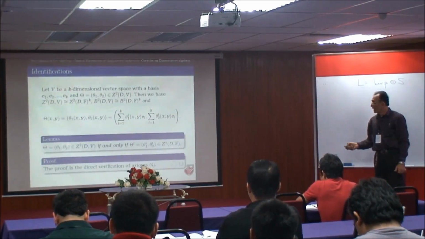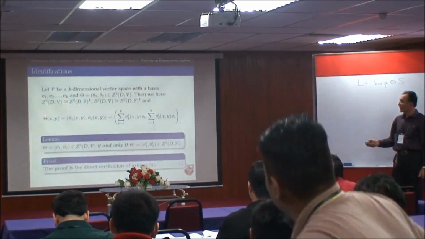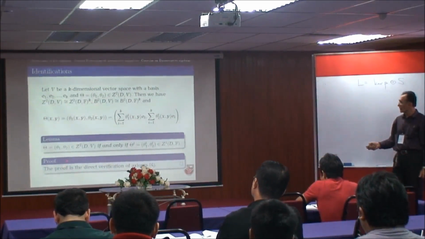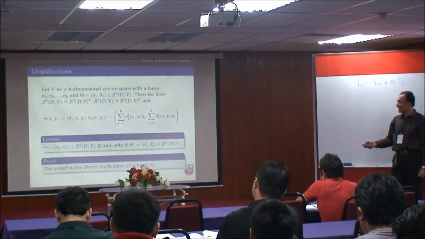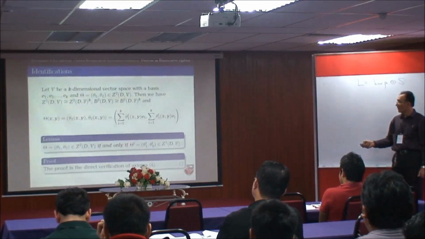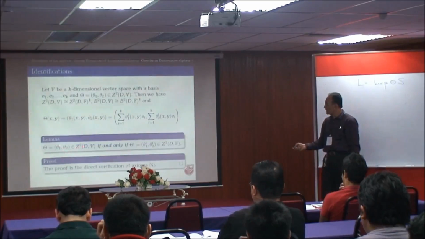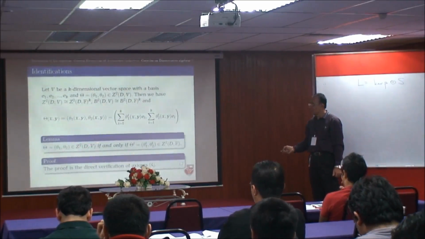Now, here is a lemma related to cocycles and their components. Theta is a cocycle if and only if its components are cocycles. You see here, theta 1, theta 2 in Z2(D,V).